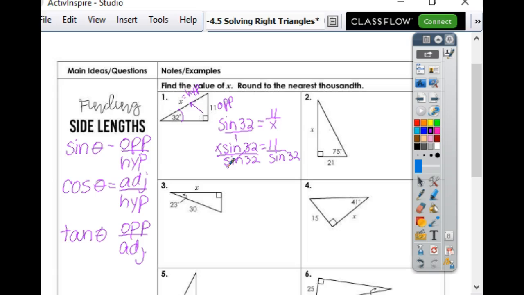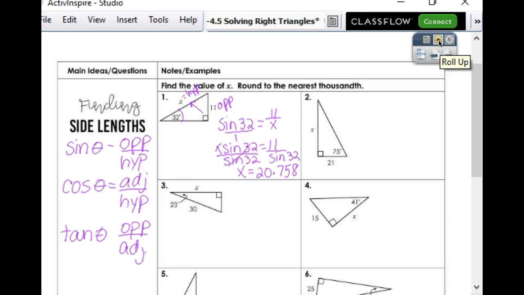So use your handy dandy calculator and see what you get for x. Did everybody get 20.758?